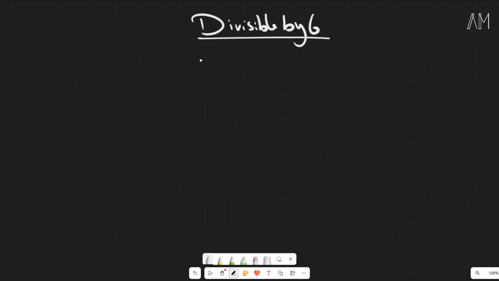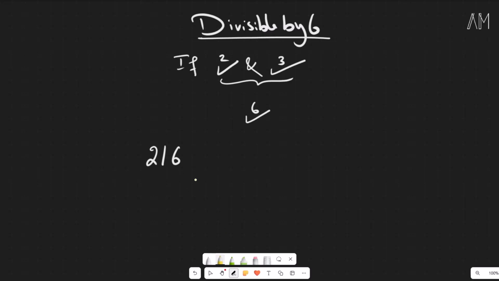Moving on to the divisibility rule by 6. Here it's very simple. If the number is divisible by 2 and divisible by 3 at the same time, I can directly say it is divisible by 6. So let's take 116. First of all, it ends with 6, so it is divisible by 2. Now, to check if it's divisible by 3, I will have to add the digits. So 1 plus 1 plus 6 equals 8... and 9 is a multiple of 3, so it is divisible by 3 also.